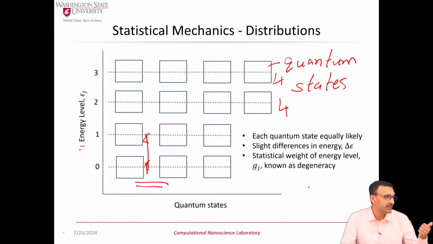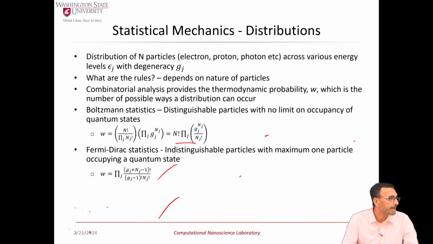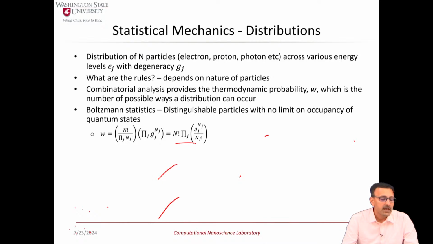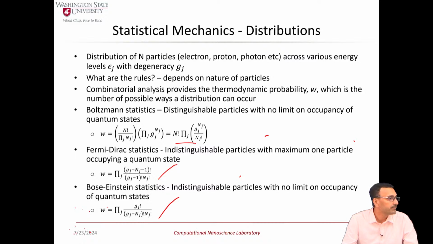If you have an answer to that, we are able to, as I'll show you soon, calculate most thermodynamic properties: internal energy, Helmholtz free energy, enthalpy, specific heat, entropy, okay, of that system. Entropy is simply ln of this W. Yeah, I'll get to that just in a couple of slides. You're right.